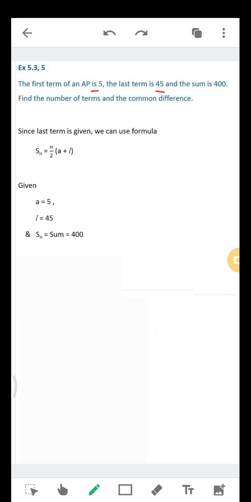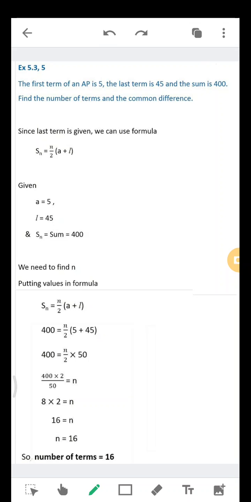So these three values are given to us and we have to find n and d. I can use this formula S of n is equal to n by 2 into a plus l to find the value of n. S of n is already given to us as 400, so I wrote 400.